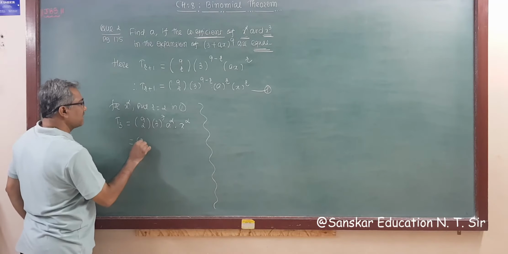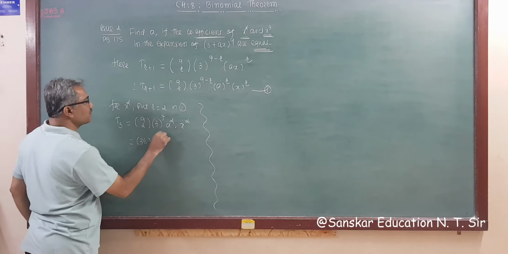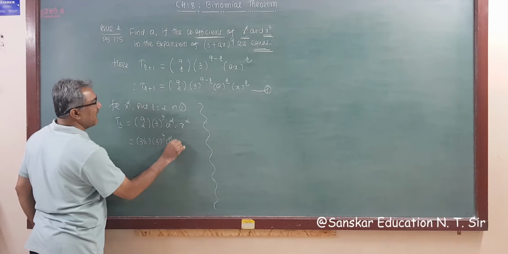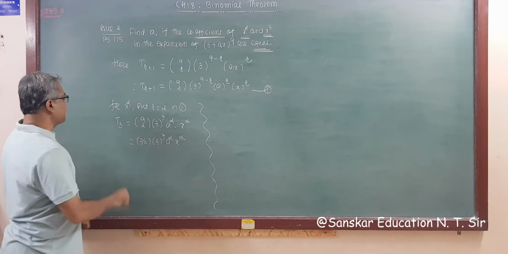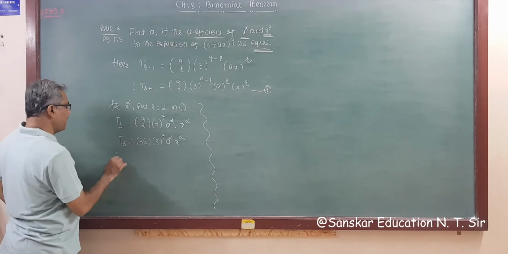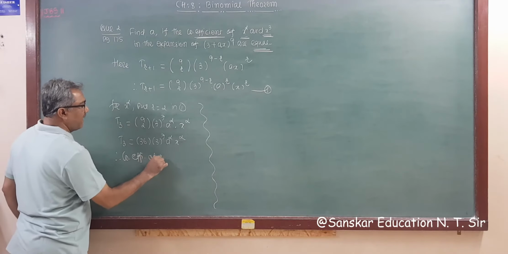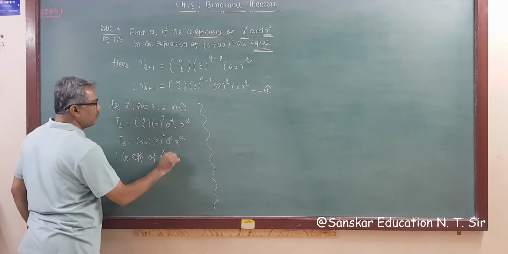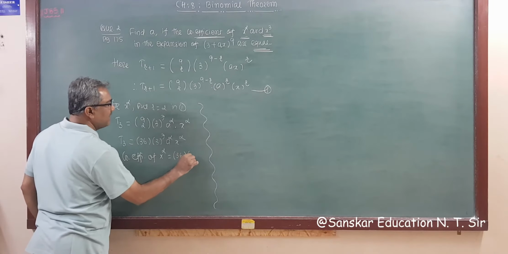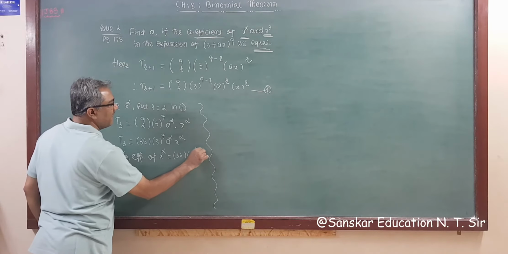So what we get? 36 into 3 raised to 7, a square x square. So T3 is this. Therefore, coefficient of x square is equal to 36 into 3 raised to 7 into a square.